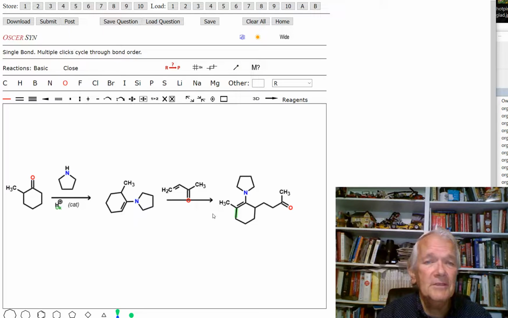So this is a good mechanistic problem that one could do. And of course, again, we can still get back to our ketone if we want by adding some aqueous acid. And so we'll work this up.